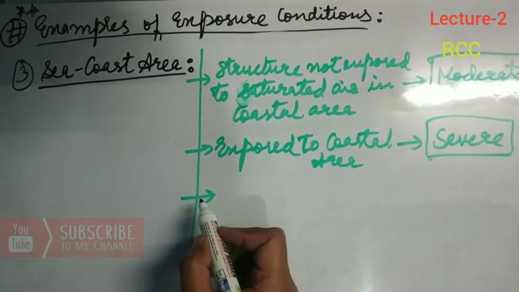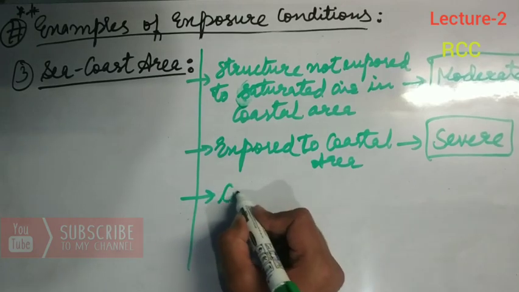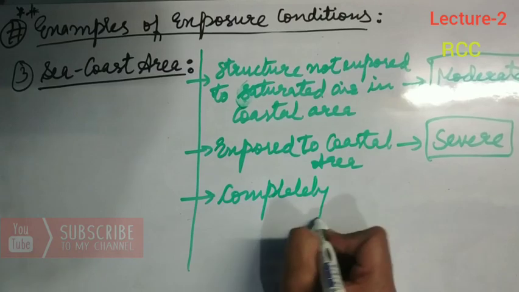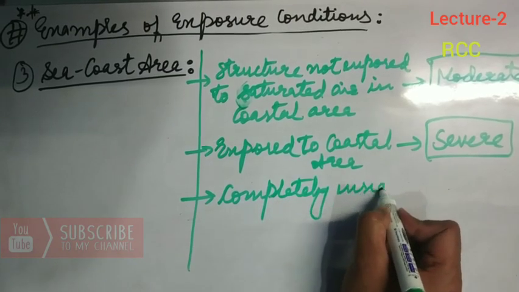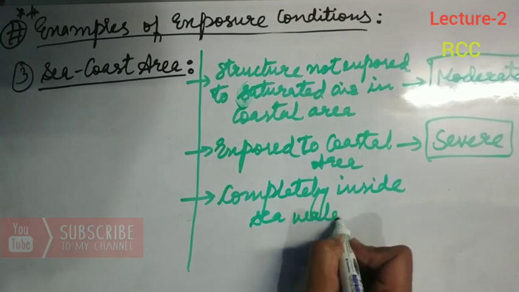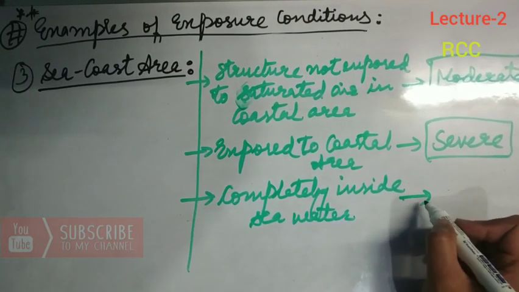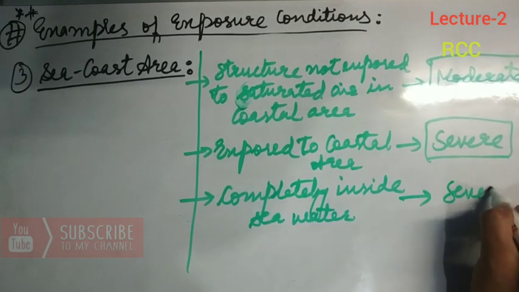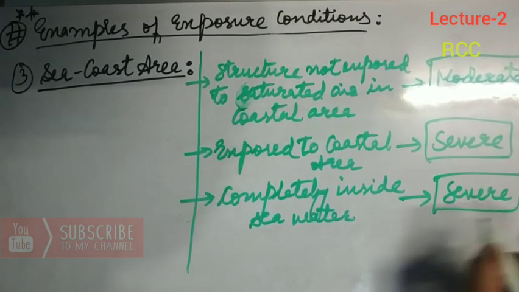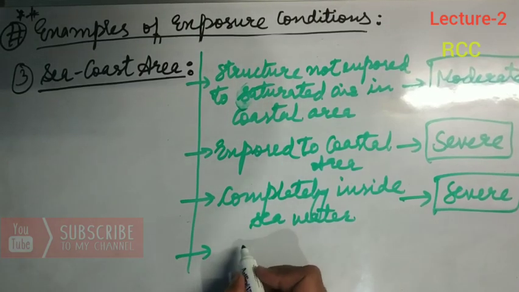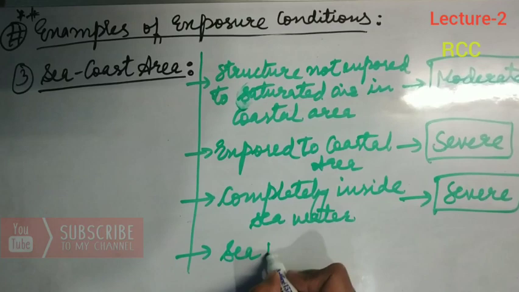Third subcategory is completely inside seawater. So if a structure is completely inside seawater, the exposure condition will be said as severe. And fourth condition is seawater spray.